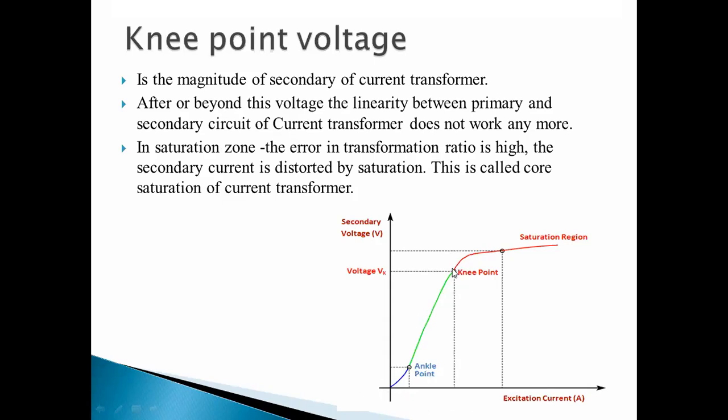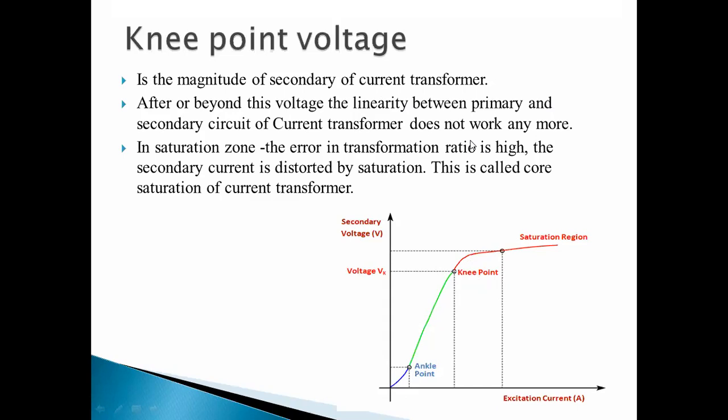When we are increasing that current, how is your secondary operating? Here, after or beyond this voltage, the linearity between primary and secondary of the current transformer does not work anymore.